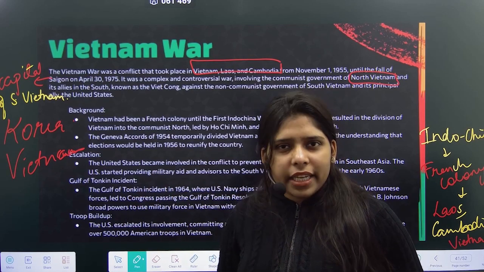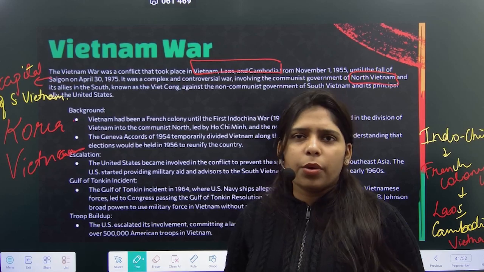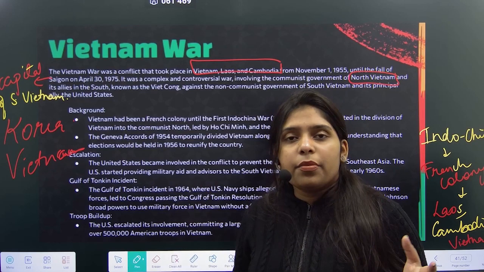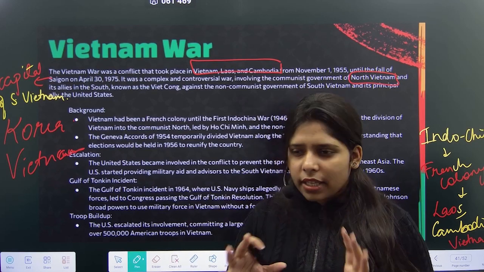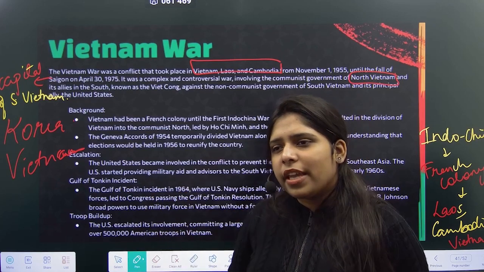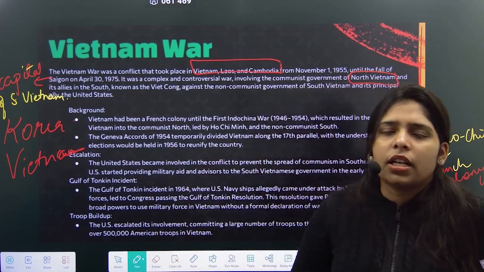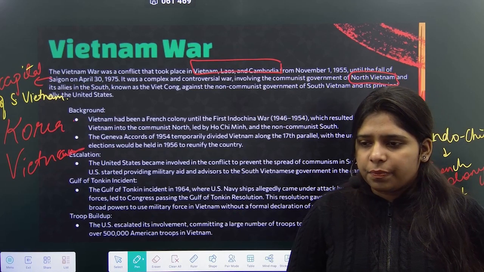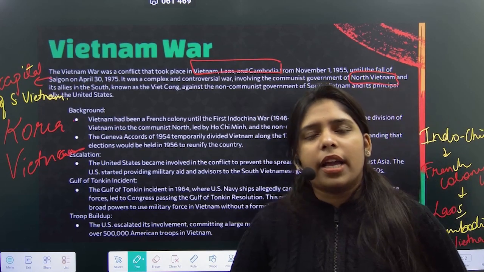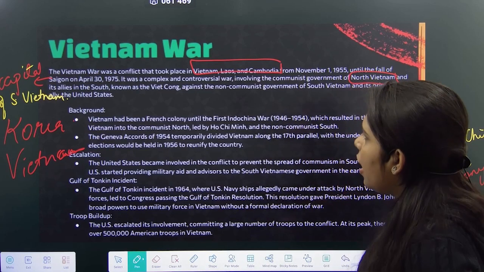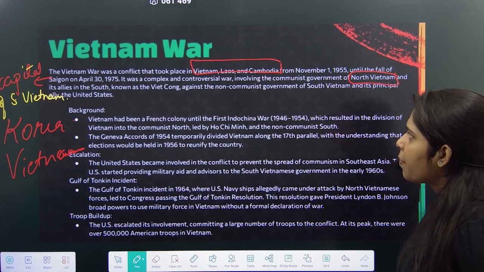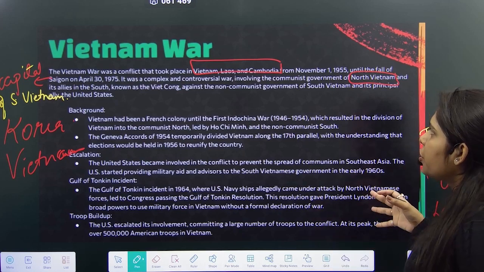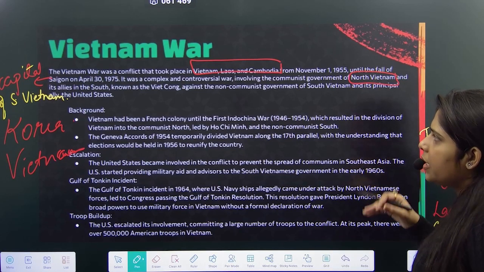Russia did not have a very prominent role, but they were fighting proxy wars, Russia and the US. So you can say that they had a role, but the major role was exercised by the communist government of China. And South Vietnam had the capitalist government under the Western powers. It was a very controversial war involving these parties.